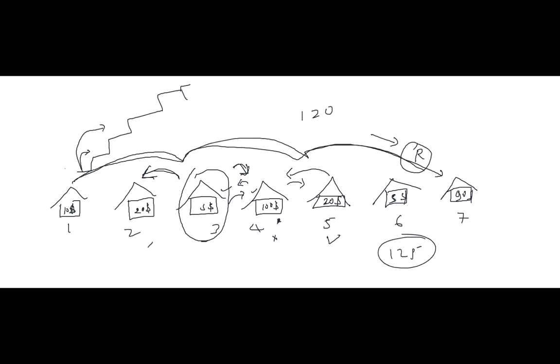But if you are stealing from only these two, you will get 190. And if you steal from this, from this, and let's say this, then you will get 190 to 210, right? So you have all these scenarios, but you should get the maximum money.